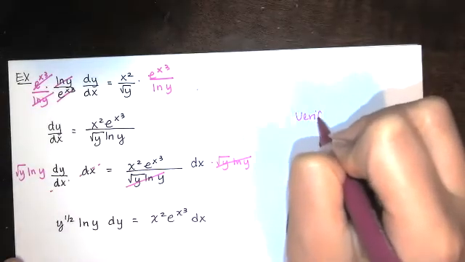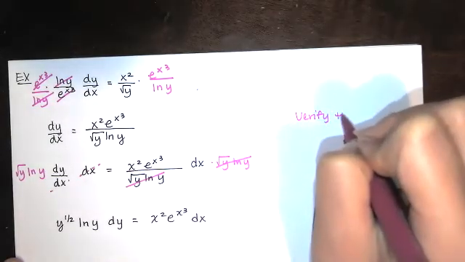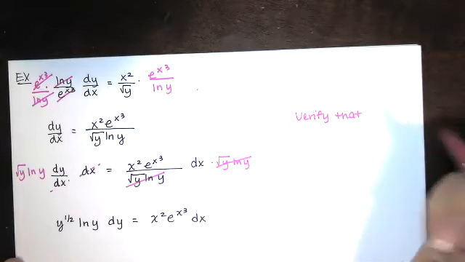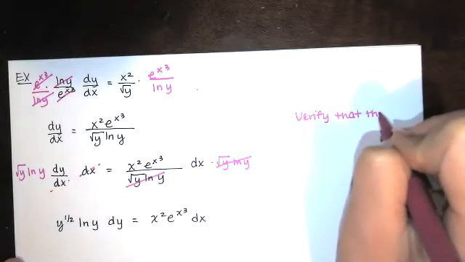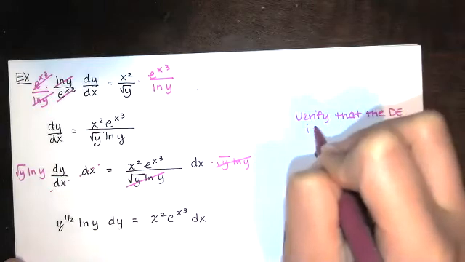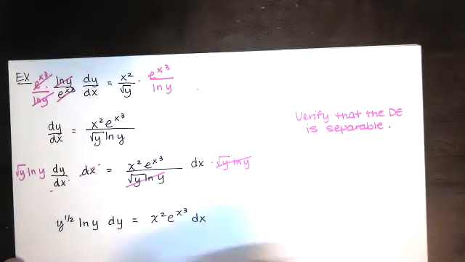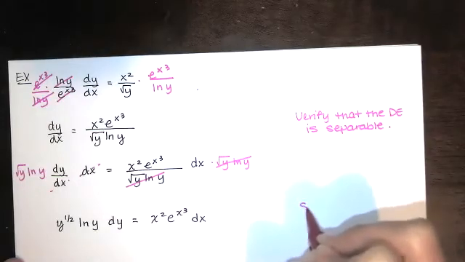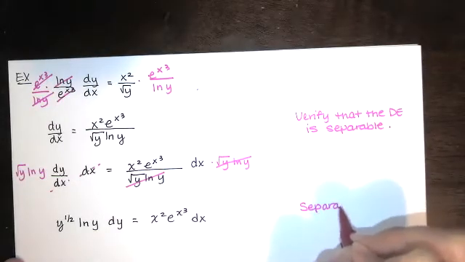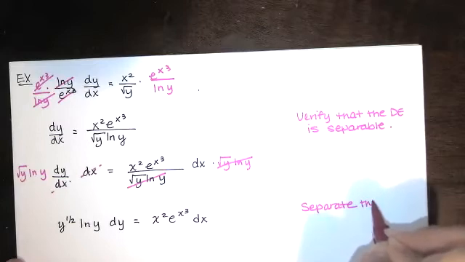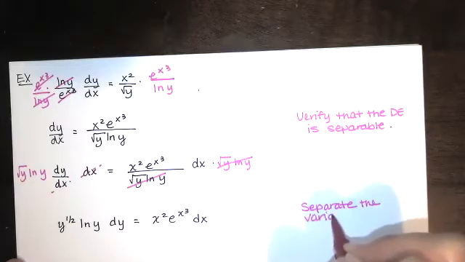So what did we do? We verified that the DE is separable. Then we separated the variables. Usually that involves a lot of multiplication and division.